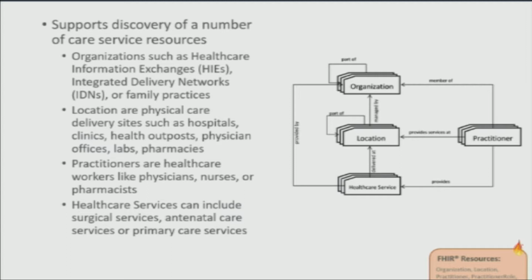Lots of trial implementation is necessary here and feedback from those trials. This is true of all of these FHIR profiles, but this one in particular I'm a little concerned about. But it's intended to allow you to search for organizations, locations, practitioners, and health services.